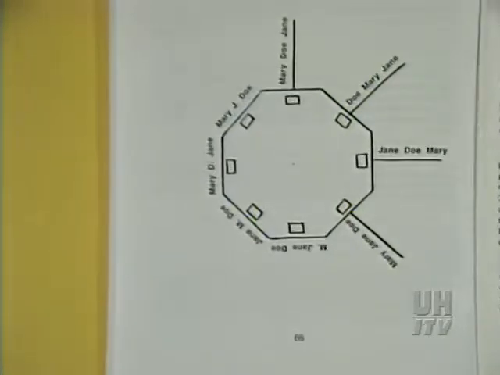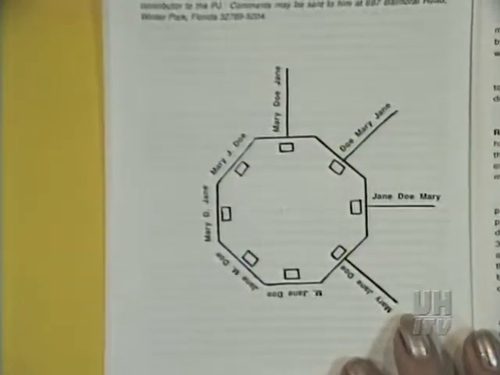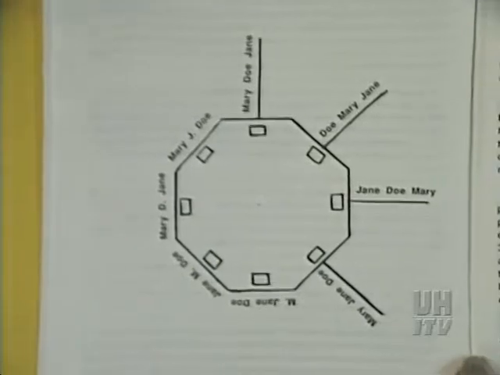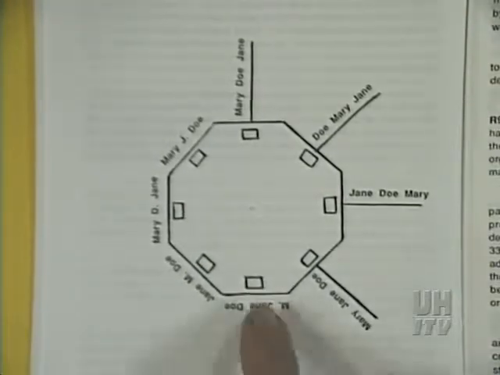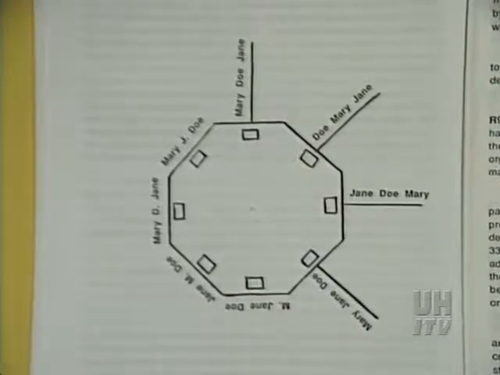But the idea here is to put the names on the ballot in such a way that there's no top or bottom to the ballot. And then you would put your X over here in one of these boxes. So this says M. Jane Doe. I know it's a little hard to read, and we won't have it up long.